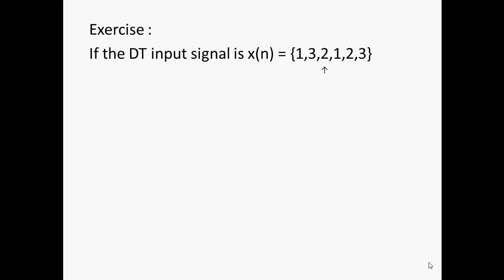So with this concept, let us do a problem here. So if the input signal x of n is 1, 3, 2, 1, minus 2, 3. So here the time range starts from minus 2 to plus 3. So minus 2, minus 1, 0, 1, 2, 3. So total is 6 values here. First, plot x of n in a graphical representation.